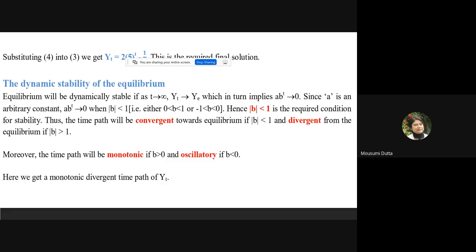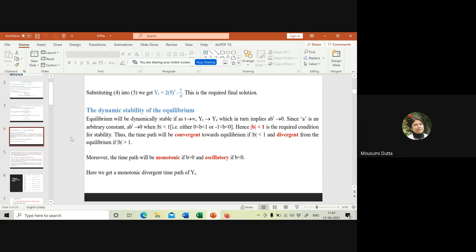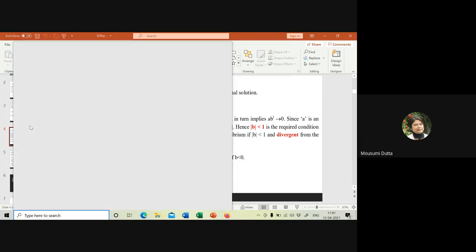Now to understand the nature of the time path, I am writing this equation.